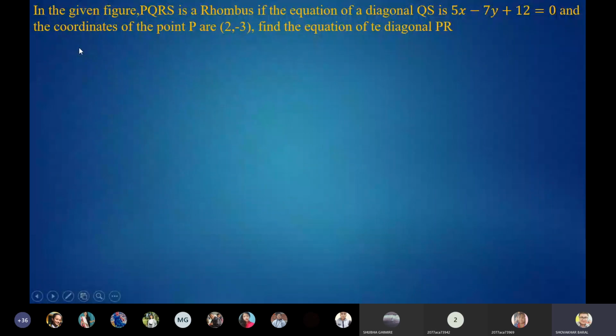I'll display the figure later. And the coordinates of the point P are 2, minus 3. Find the equation of the diagonal PR. Okay, please copy the question.